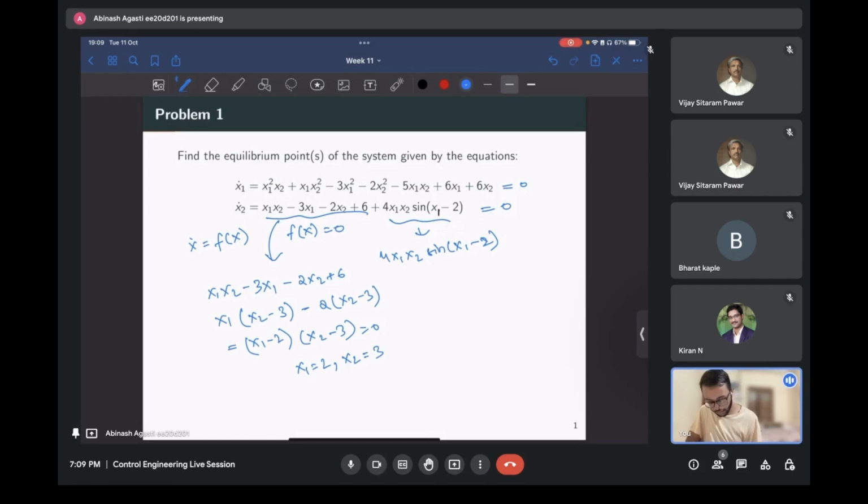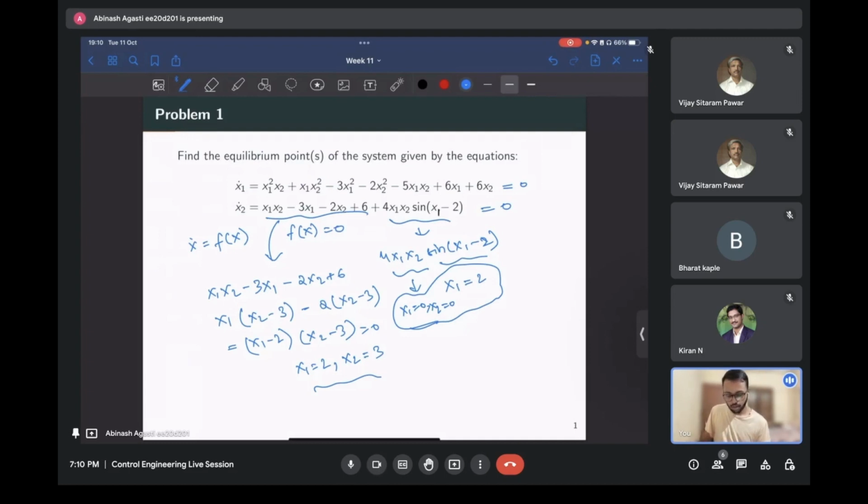Then what do we have here? Here again sine of x1 minus 2. I'm not taking all the pi multiples and so on. Let's just keep things simple for now. So x1 equal to 2 is one solution for this. And then here x1 equal to 0 or x2 equal to 0. So these three possibilities make this term 0. These two possibilities make the first term 0.